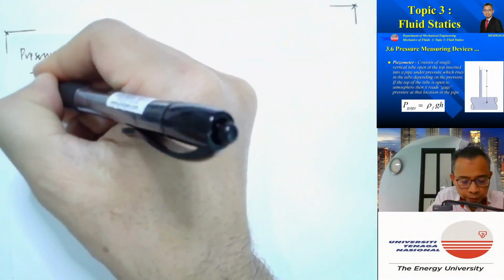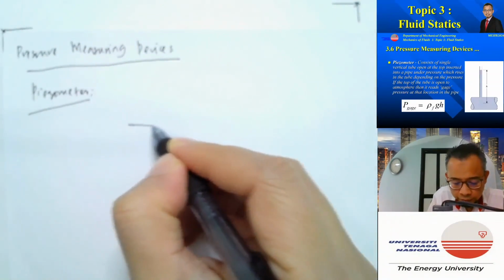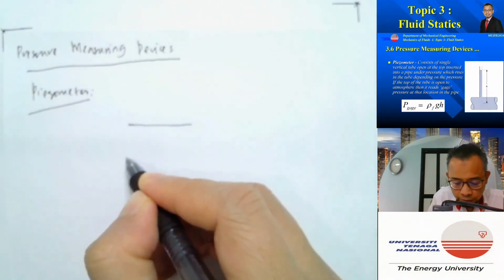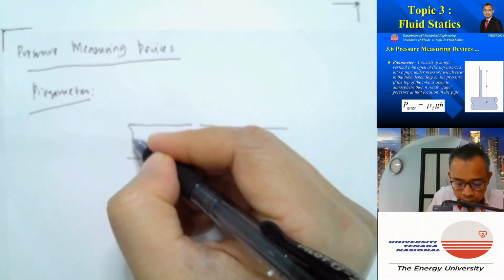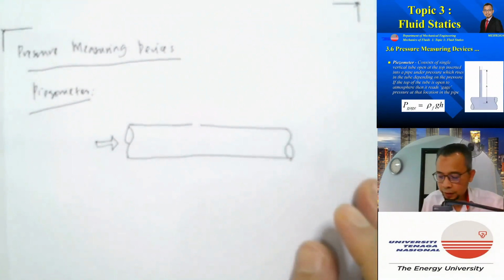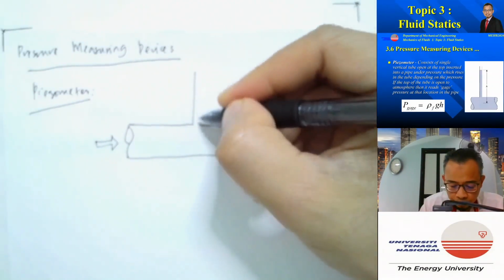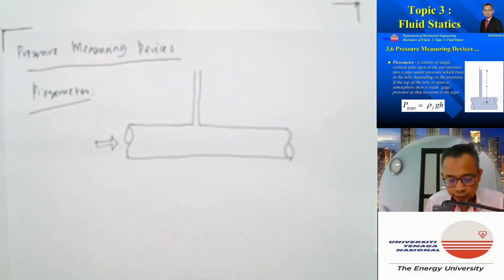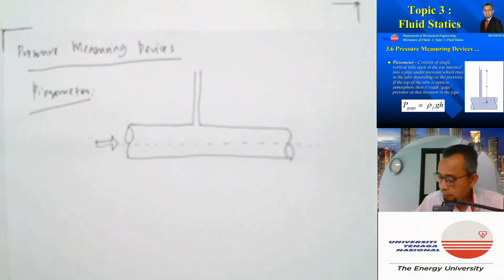So piezometer. Let's say we have a fluid which is flowing in a pipe from left to right. Then we drill a hole and then put a tube. And let's say this is the axis of the pipe.